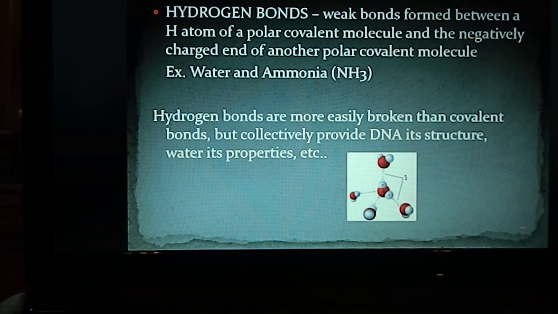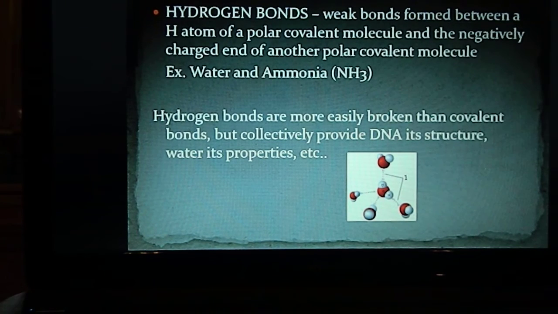A droplet or a gallon of water or whatever. They're all just these single polar molecules that are held together by these hydrogen bonds to form the amount of water that you need, right?